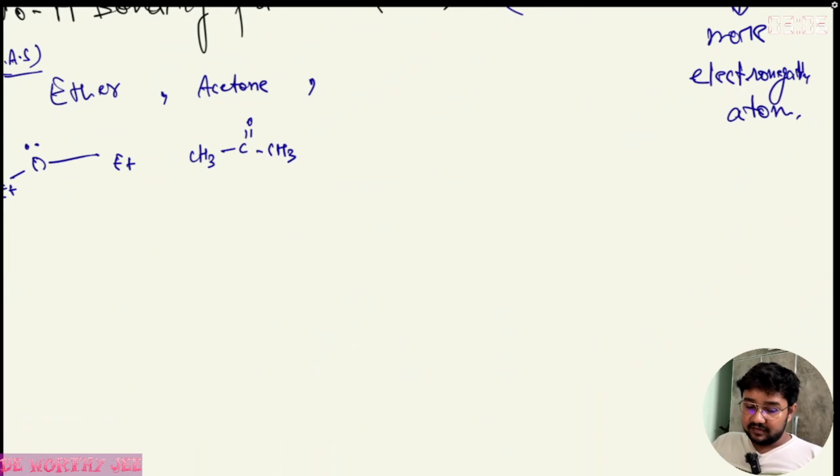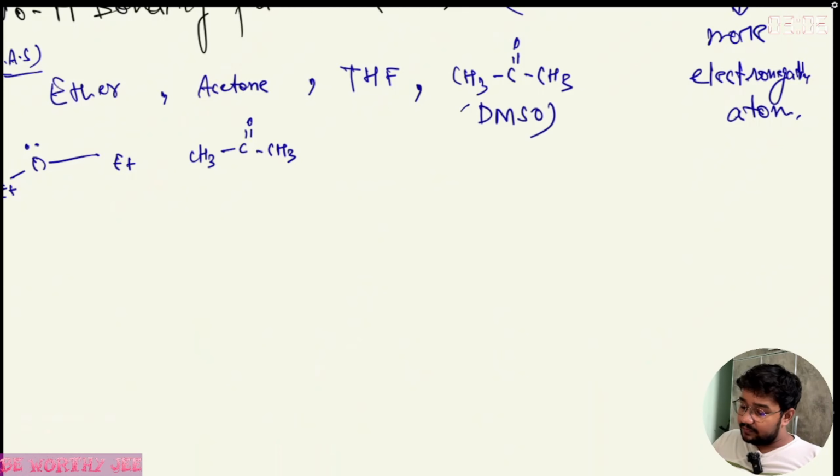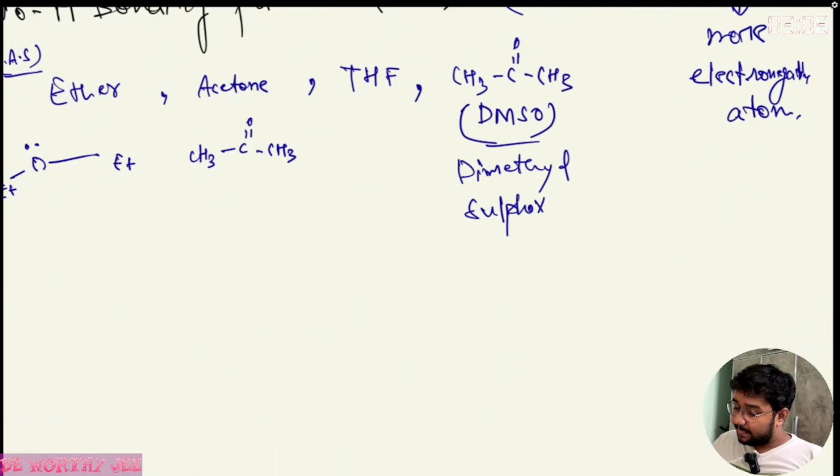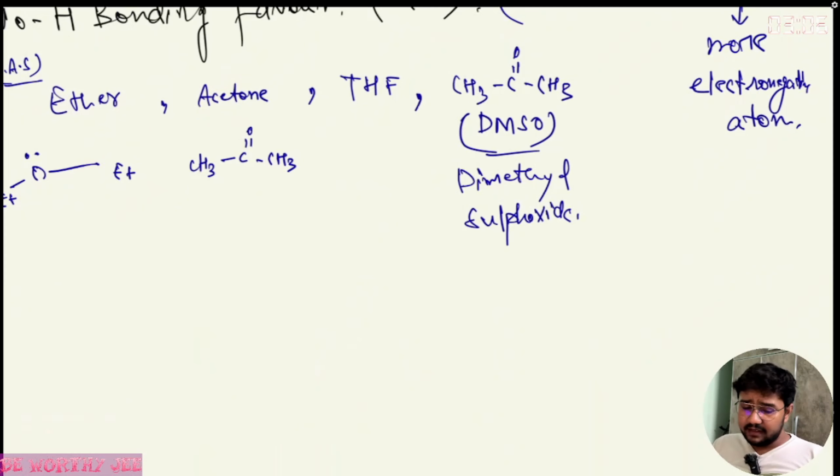So take more examples such as THF, tetrahydrofuran, and CH3, S, O, CH3. This is called DMSO. DMSO is what? Dimethyl sulfoxide. And after that, a few more, if you want to remember, then you can remember these also.